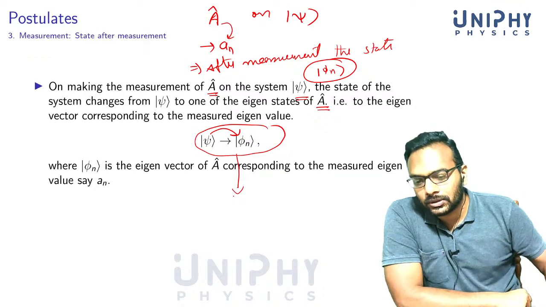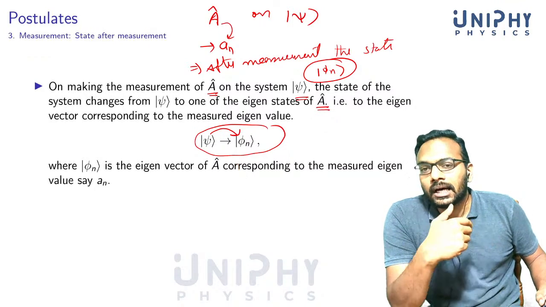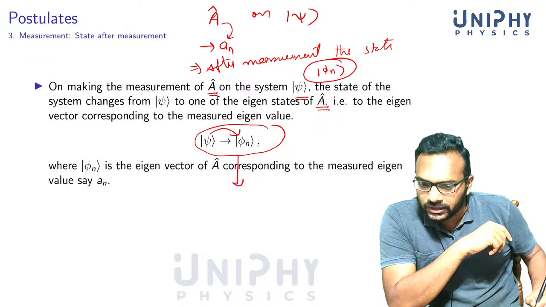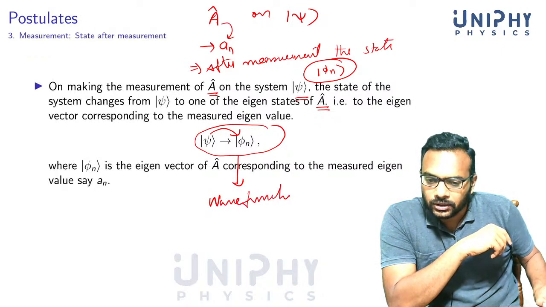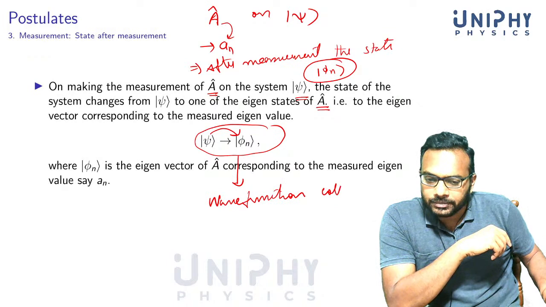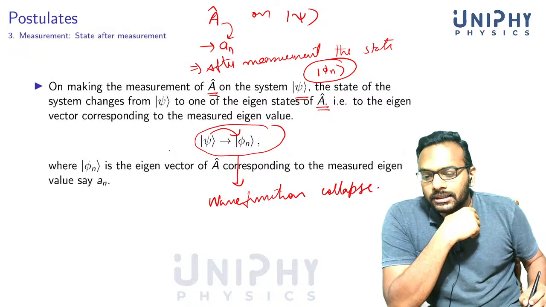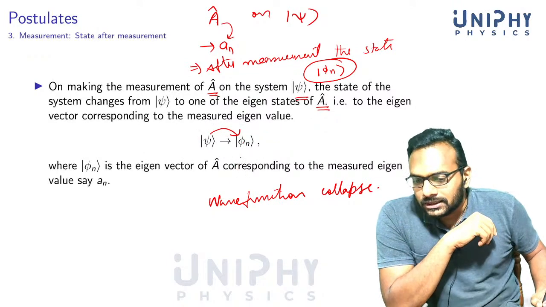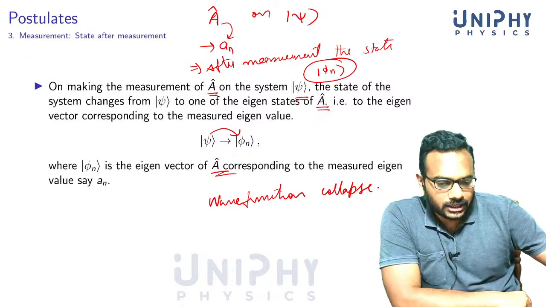So initially, before measuring, it's in different states at the same time, and when you make a measurement, it reduces to one of the states. This fact is often referred to as the wave function collapse. So when you hear the term wave function collapse, you know what it means, where phi n is the eigenvector of A corresponding to the measured eigenvalue.